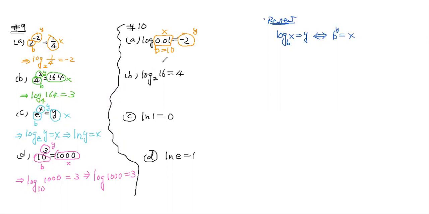If you have the common log, typically we don't write the base. So the base is 10, and it's 10 to the negative 2 equals 0.01. That's how we write it as an exponential. Okay, so let's try to do part b.